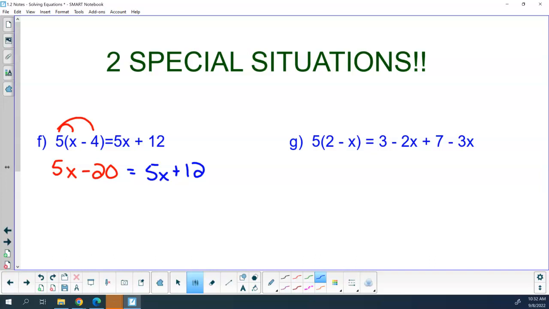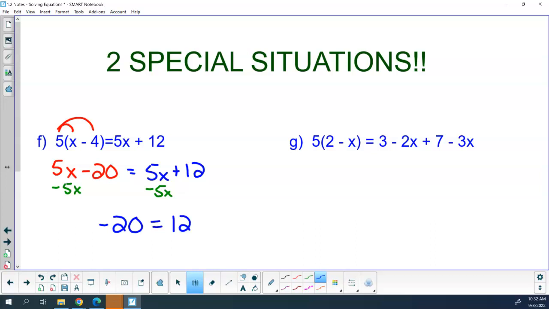If we move the 5x to the other side, what happens to it? Goes to 0, right? So if I subtract 5x here now, without doing anything else, I mean, I could add 20 to both sides if I wanted to, I've got negative 20 equals 12. And that is a false statement, right? Because that's not true.